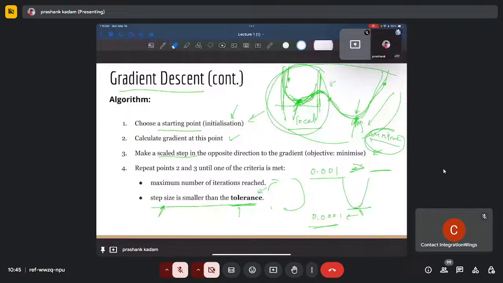So what is the termination condition of your gradient descent? You reach a point where your calculated loss is less than your actual step size. That's when you terminate the process. That's what it essentially means.